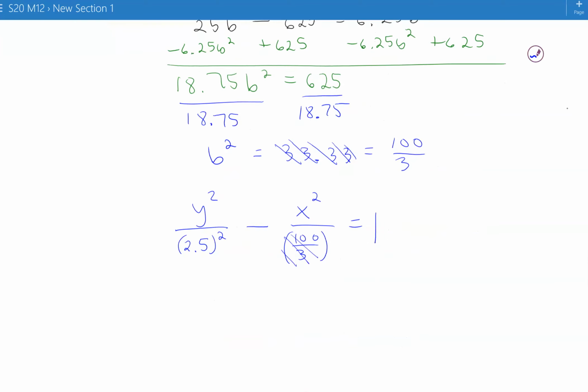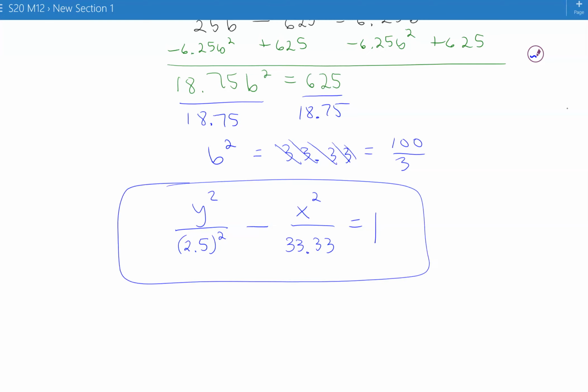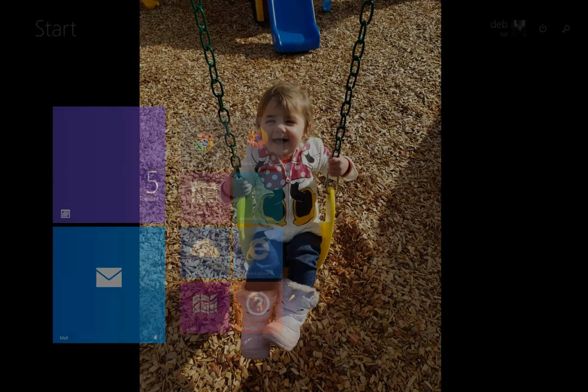So I guess we would write under the x squared term 33.33. So this is the equation that models that hyperbola. And then you could be asked other questions like, how wide is it at 2 feet away from the center or 3 feet away from one end? And you would use this equation to model that. So let me know if you have any questions.